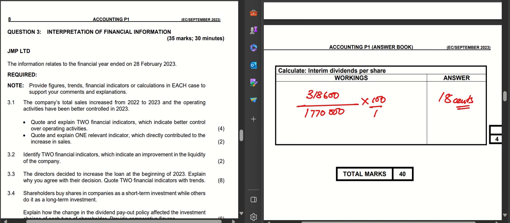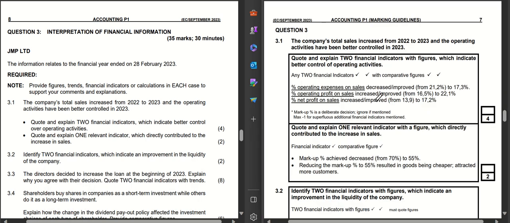You have to know your financial indicators and which indicators belong to which group. In this case, the examiner wanted us to talk about financial indicators which indicate better control over operating activities. Okay, so the first one would be your operating expenses on sales.